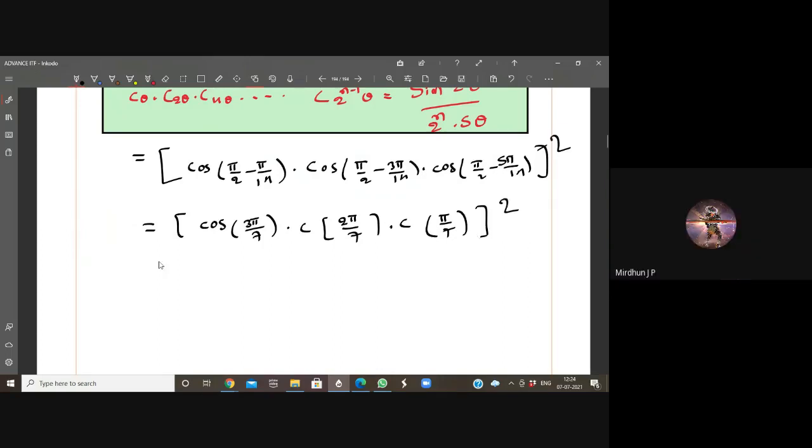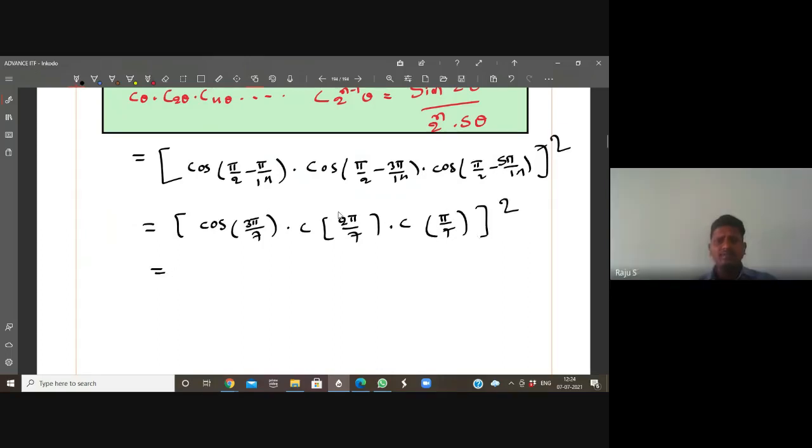The whole square. See, is it satisfying the property? Here the theta coefficient is 1, next the theta coefficient is 2, next the theta coefficient is 4, but here we are having 3. Can we apply this formula?